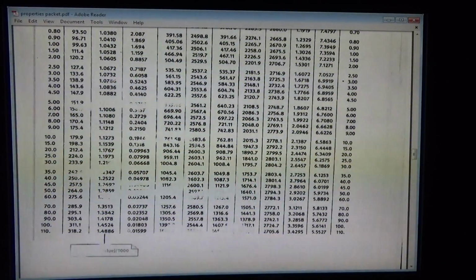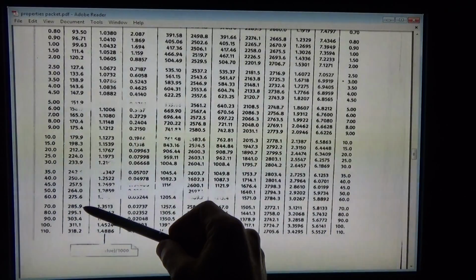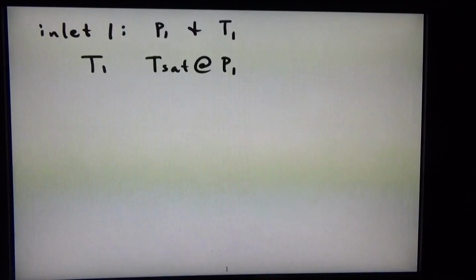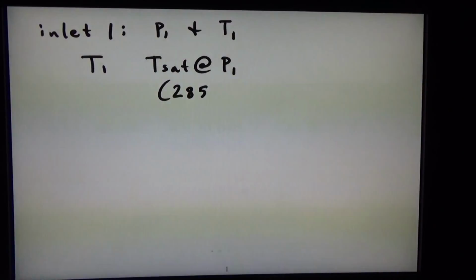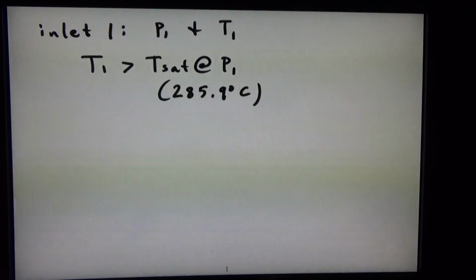Here is 70 bar, and we see the saturation temperature at 70 bar is 285.9 degrees Celsius. Our temperature at state 1 is 450, so T1 is greater than the saturation temperature, therefore phase 1 is superheated.